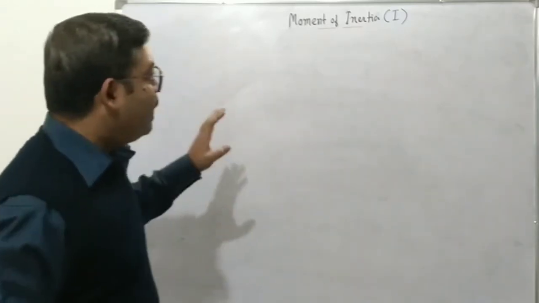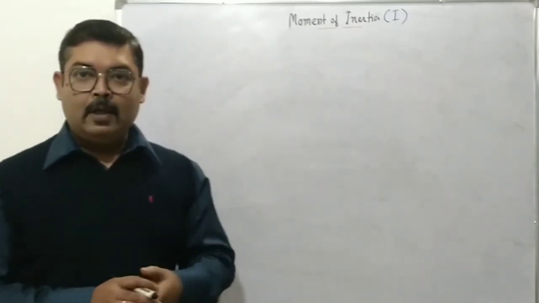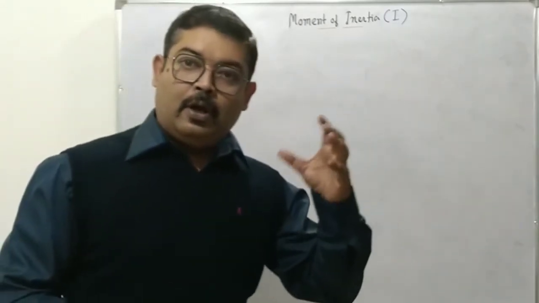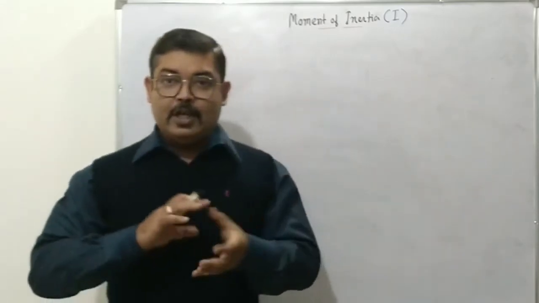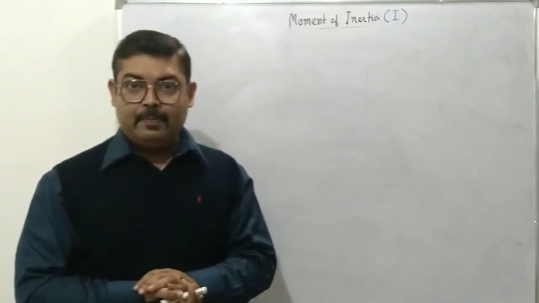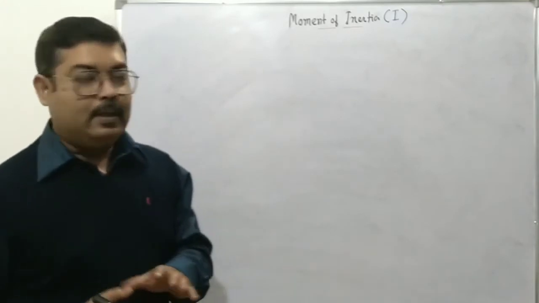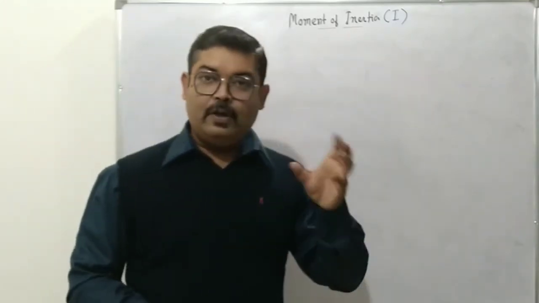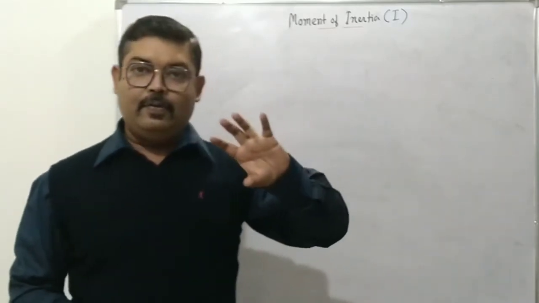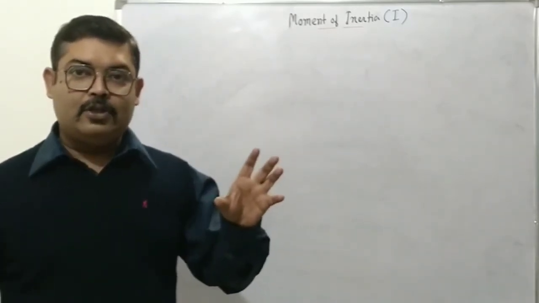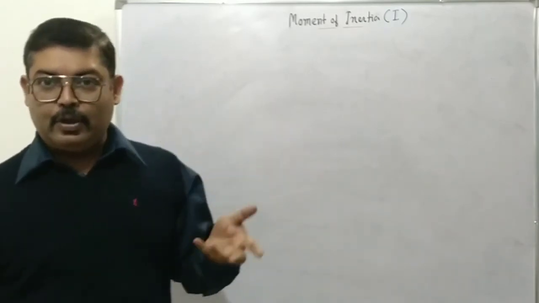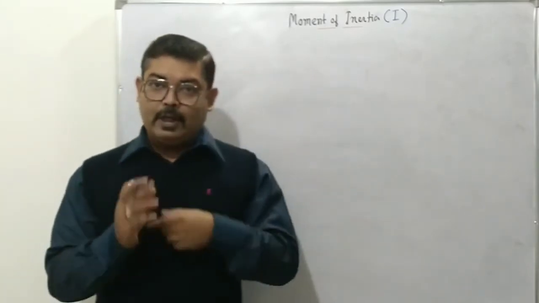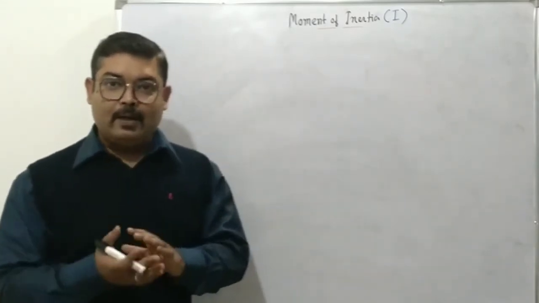Similarly, if a torque is applied to a rigid body, the rigid body will, of course, because of its inertia, tend to oppose any change in its state of rotational equilibrium. So the resistance that is offered by a rigid body to any change of its state of rotational equilibrium, that is, whether it were stationary, it will tend to be stationary in rotational terms, and if it were rotating about a certain axis with a certain angular velocity, it will tend to keep on rotating about the same axis with the same angular velocity.